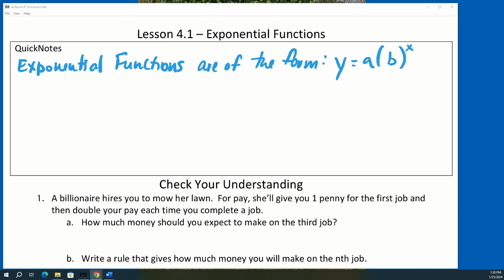All right, so what do you think a is going to be? Yeah, a is the initial value. I'm going to put it at time 0. And b is the growth or decay rate.